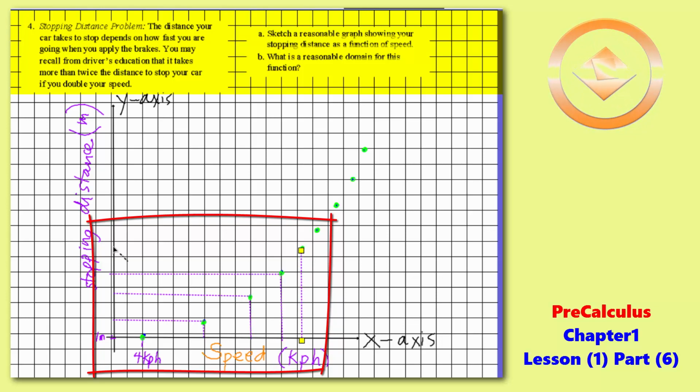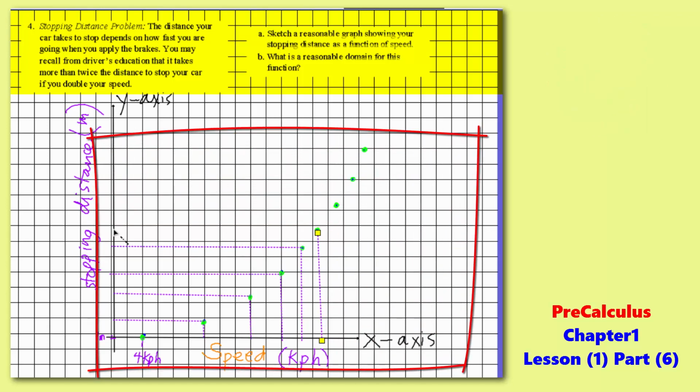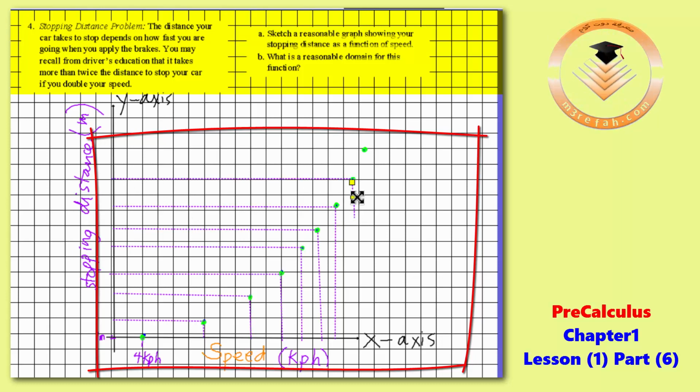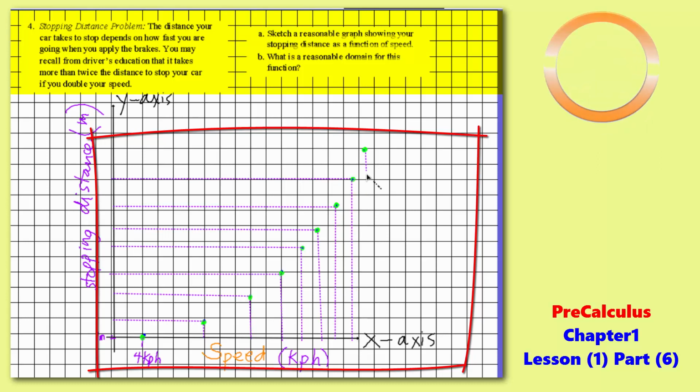For this x coordinate, we have a y coordinate. For this, we get this. And for this, we get this.